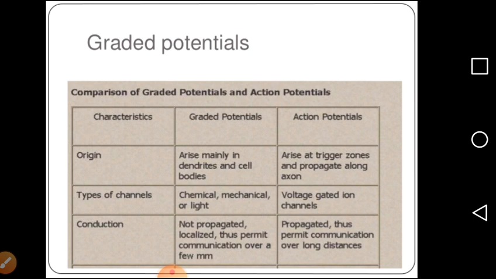Conduction in graded potential is not propagated, it is localized, thus it permits communication over a very short distance of a few millimeters, while the action potential is propagated, thus permitting communication over long distances. Like I just told you, in action potential, the axons have certain nodes of Ranvier, and the impulse jumps from one node to another, and this not only speeds up the reaction but also is very efficient.